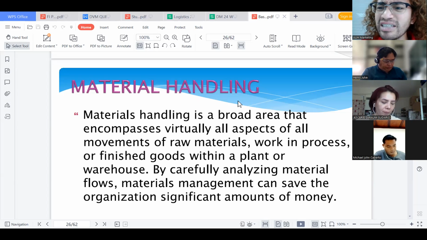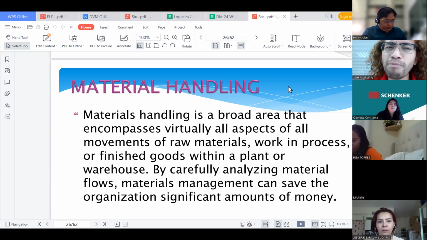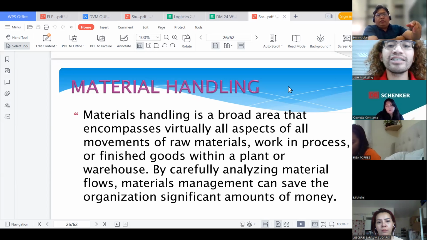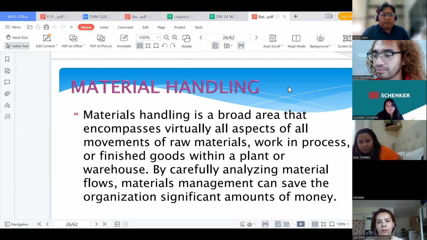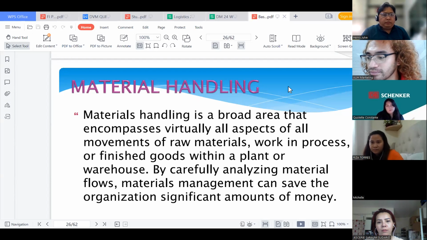How do you think we can save money with proper material handling, Carlo? If we have handled the material with care, how do you think an organization can significantly save money? Maybe one of the factors is the time, for example how you process one product.